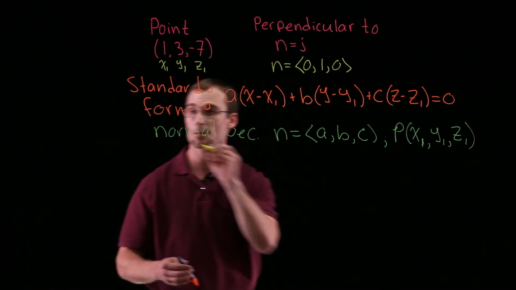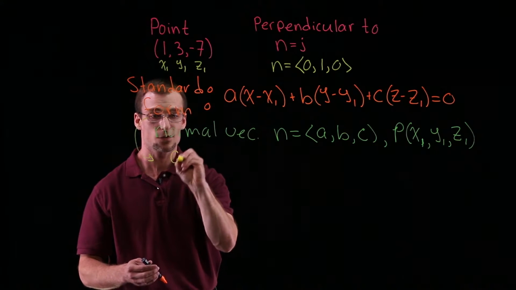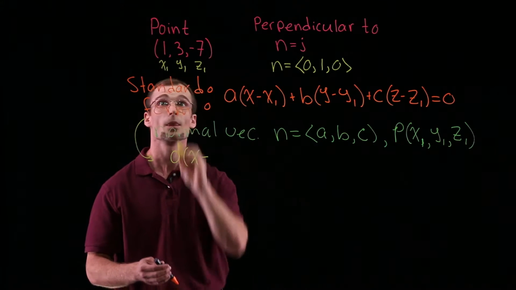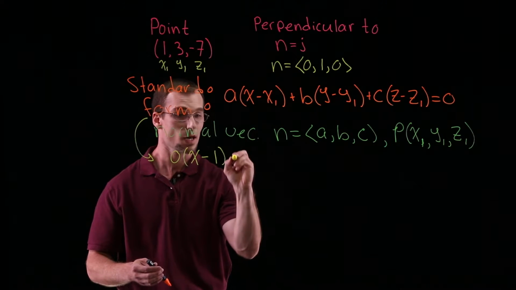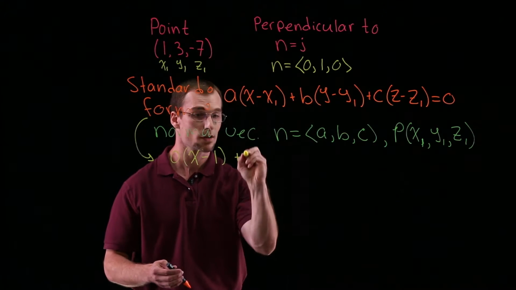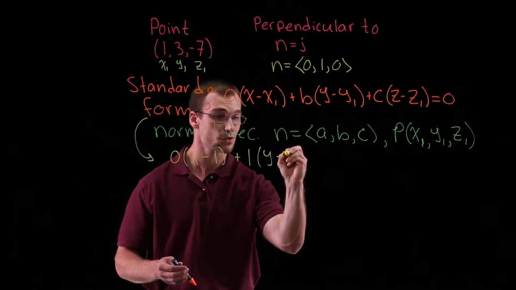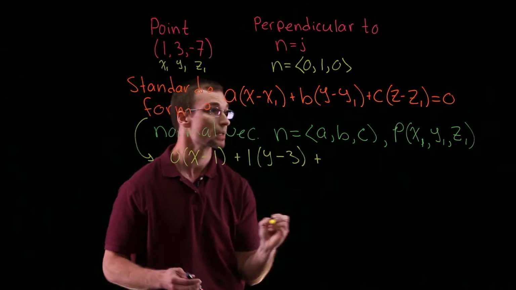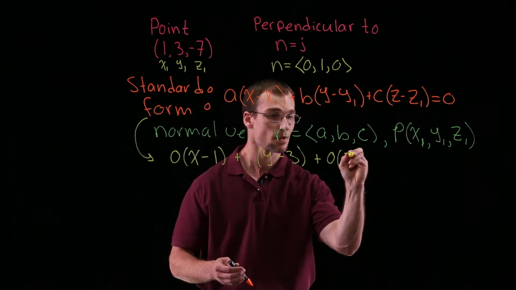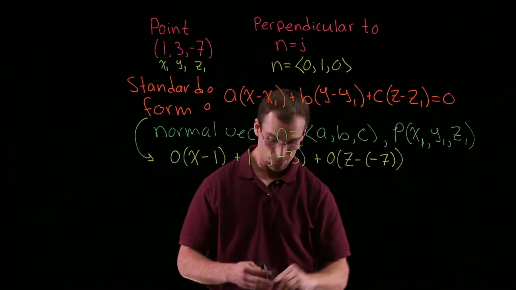So into our standard form, for a we're going to have 0 times the quantity x minus x1, which is 1, plus b times y minus y1, b is 1, times y minus y1, which is 3, plus c times z minus z1, or 0 times z minus -7.